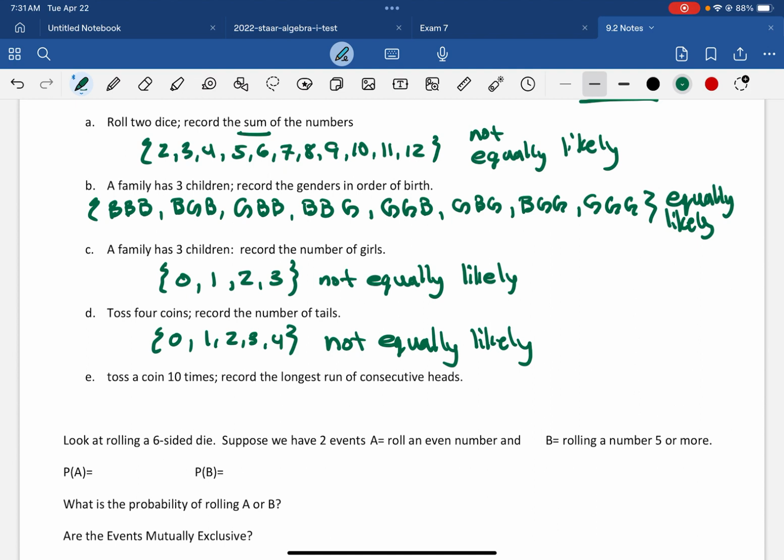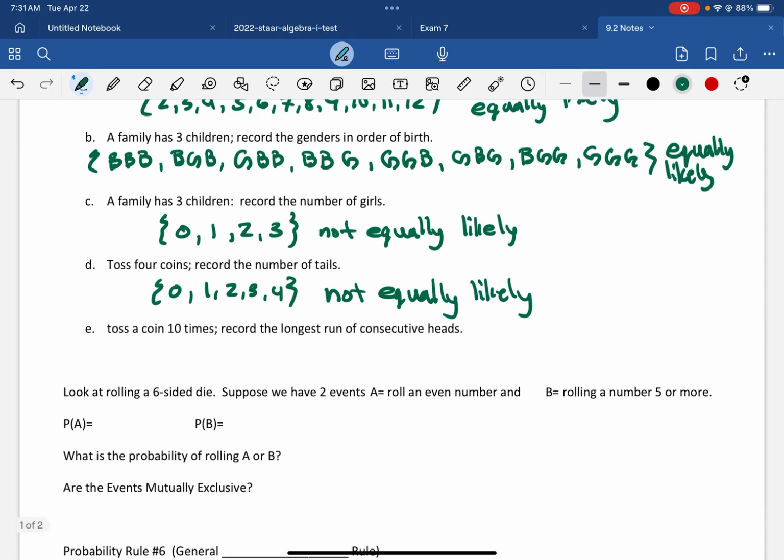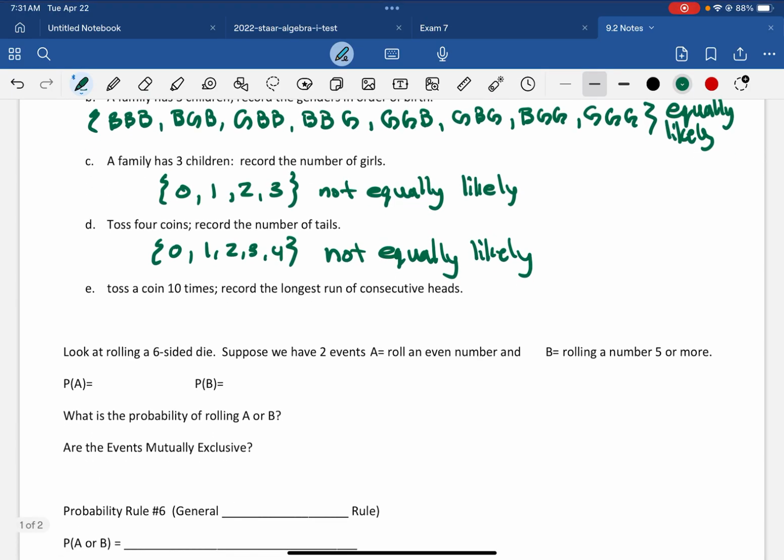All right. And the last one on this section says toss a coin 10 times, record the longest run of consecutive heads. The longest run of how many heads in a row? Well, 1 all the way to 10, because you could theoretically toss 10 in a row in 10 times.